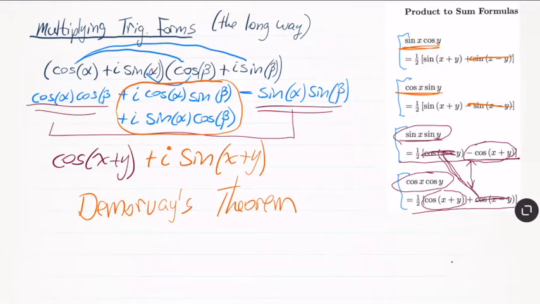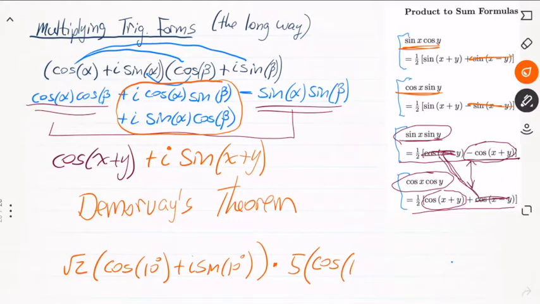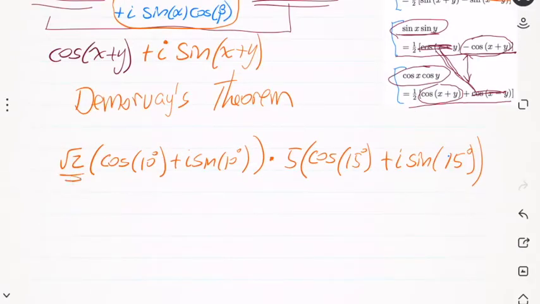moduluses. So if you have the square root of 2 times cosine of 10 degrees plus i sine of 10 degrees, times 5 times cosine of 15 degrees plus i sine of 15 degrees, then when you multiply these, you multiply the moduluses together.